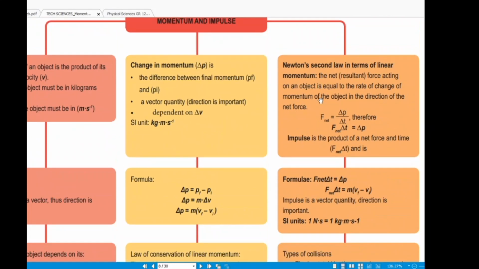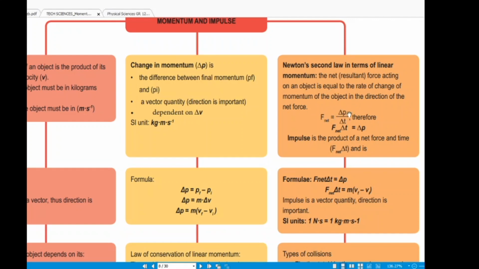Okay, and then we discussed Newton's second law of motion in terms of linear momentum. It is stated as follows: the net force acting on an object is equal to the rate of change of momentum of the object in the direction of the net force. Right, therefore we have this formula.